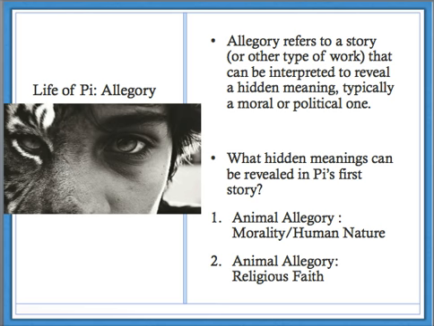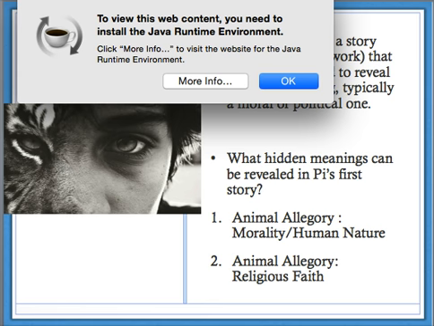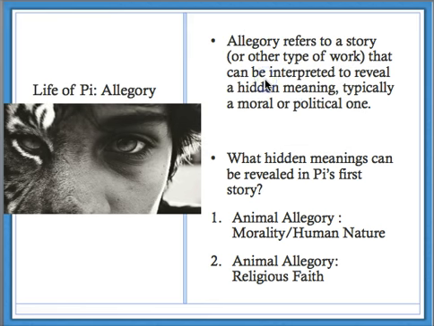So the second hidden meaning of Pi's animal allegory is the religious connotations of his story.